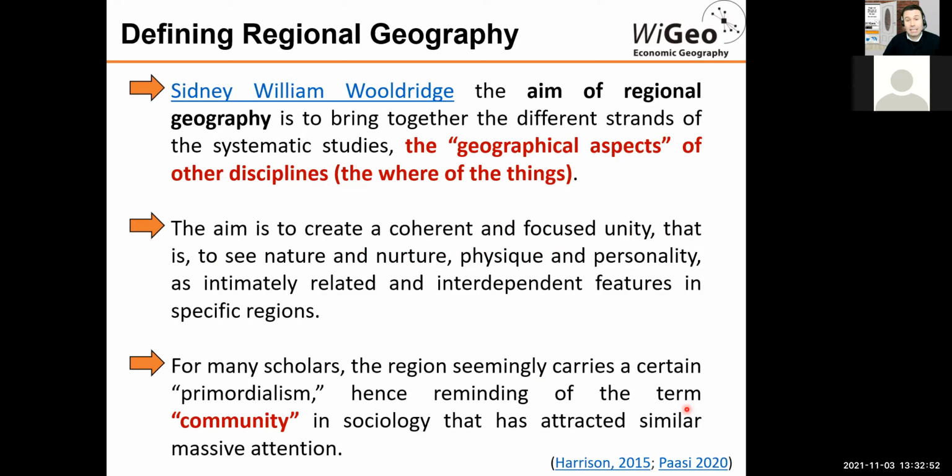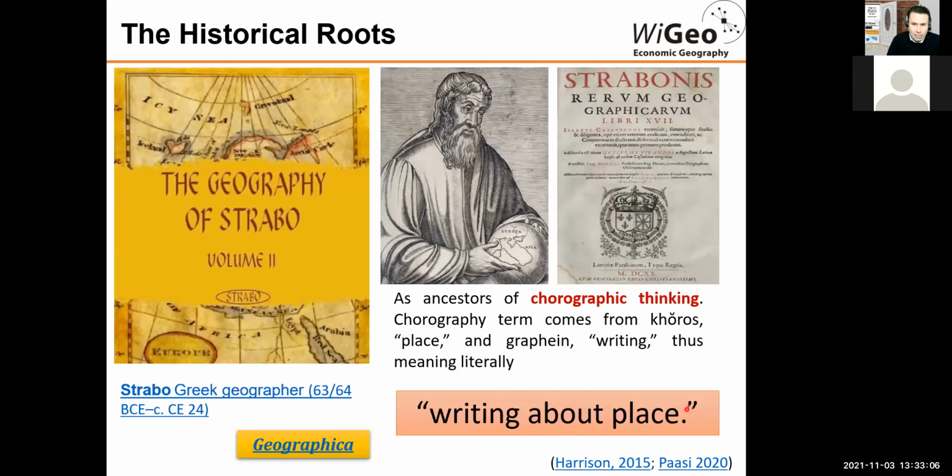But the essence is understanding the where of things: the geographical context, where certain aspects of nature and culture are placed, where they exist, and why they exist in that context.